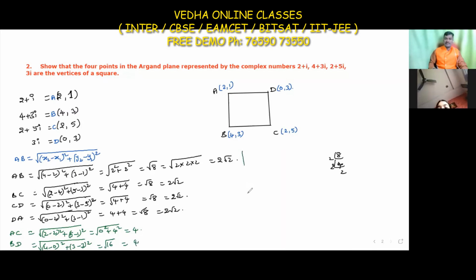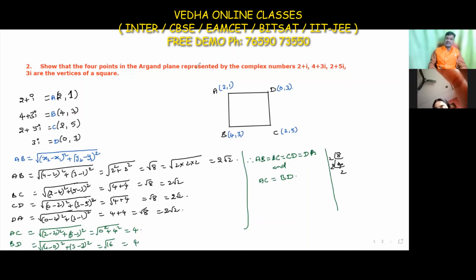Therefore, all sides are equal, AB is equal to BC, and the diagonals are also equal.